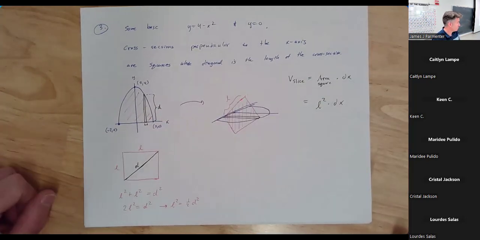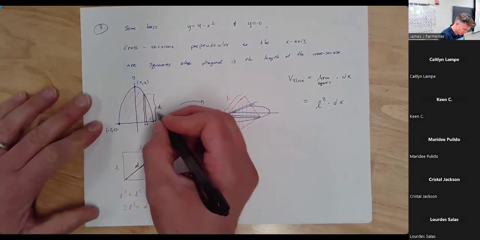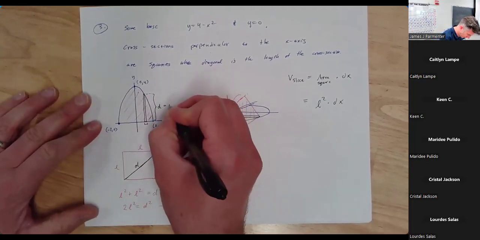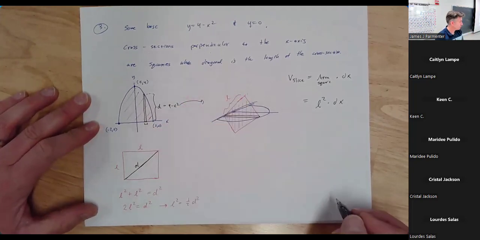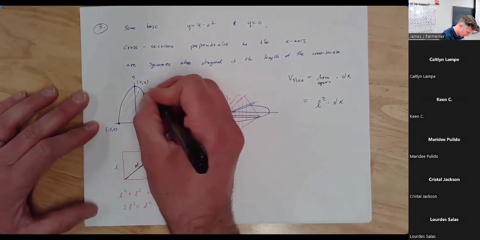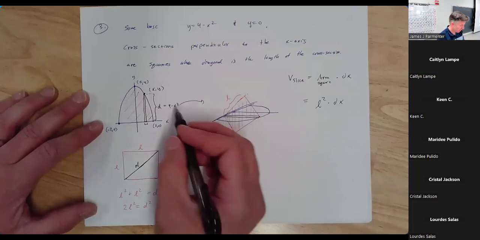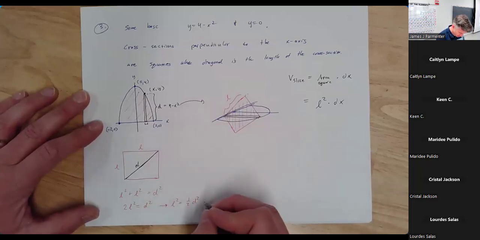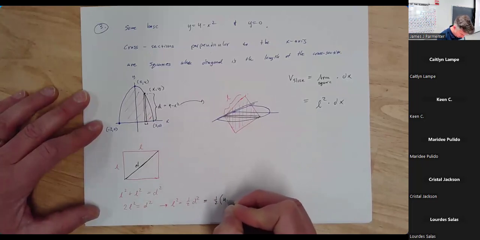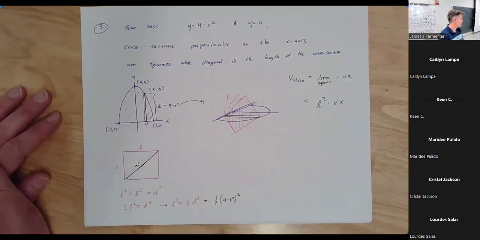Here it's just the function. So this height here is just 4 minus x squared. If we go over to some point x comma y, well, y is the height. So y is 4 minus x squared. So this is really just going to be 1/2 times 4 minus x squared, squared. And again, I'll say it one more time.